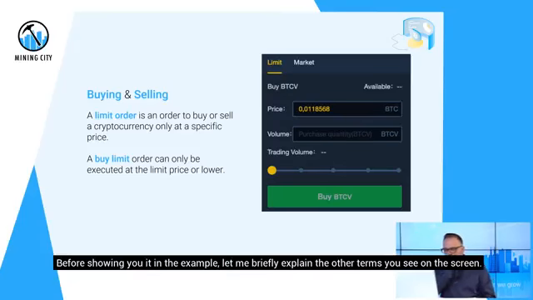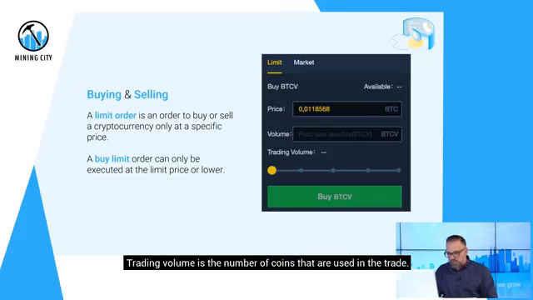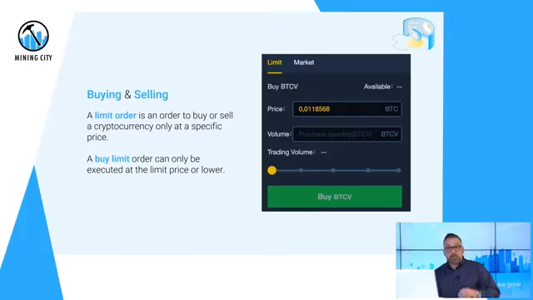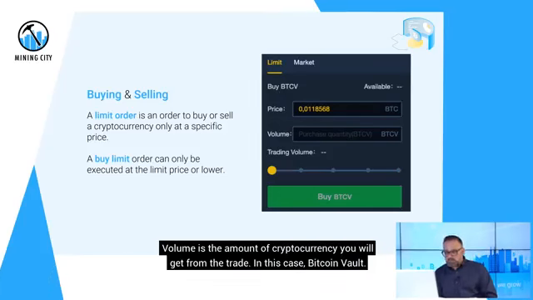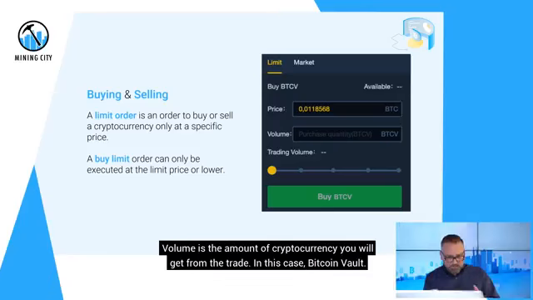Before showing you the example, let me briefly explain the other terms you see here on the screen. Trading volume is the number of coins that are used in the trade. Volume is the amount of cryptocurrency you will get from the trade. In this case, it's Bitcoin Vault.